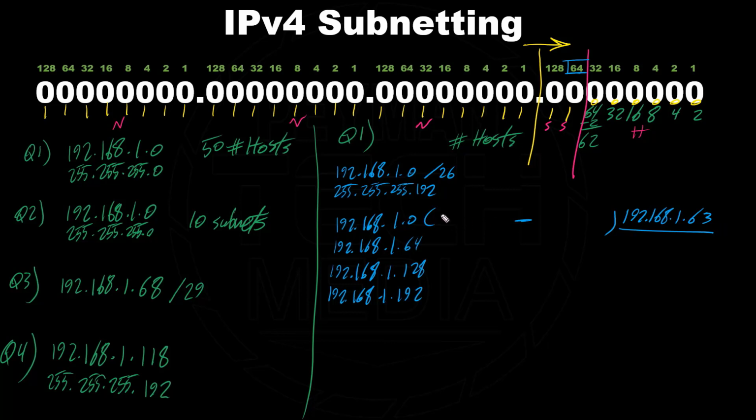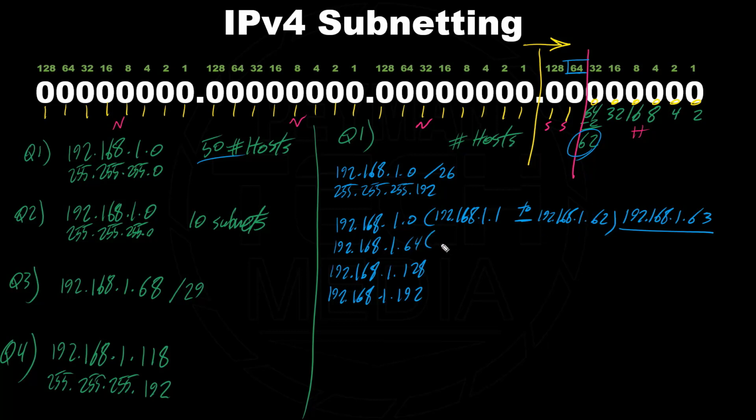And the first available IP address, 192.168.1.1, and it goes to 192.168.1.62. So 1.1 to 1.62. And here, as we can see, every subnet gives us 62 available IP addresses. They are asking for 50. Very good. We have even a couple more IP addresses just in case, but we are meeting the minimum requirements.